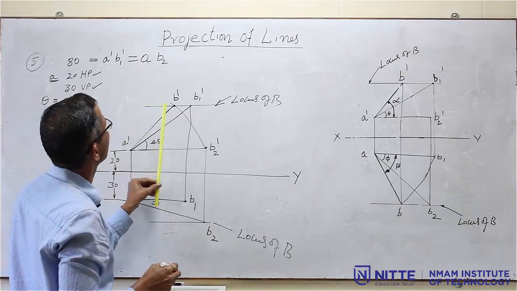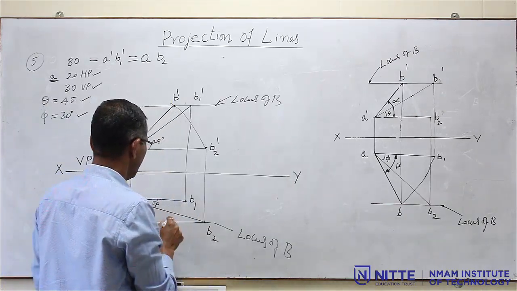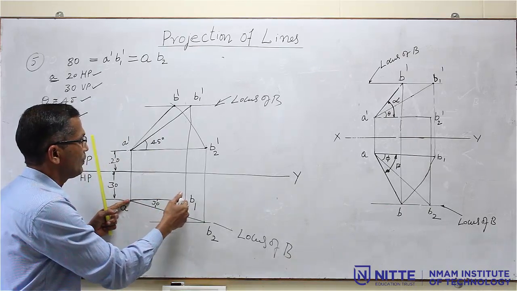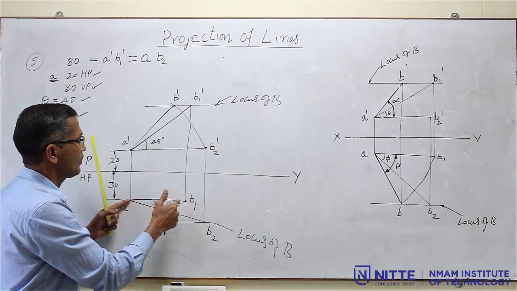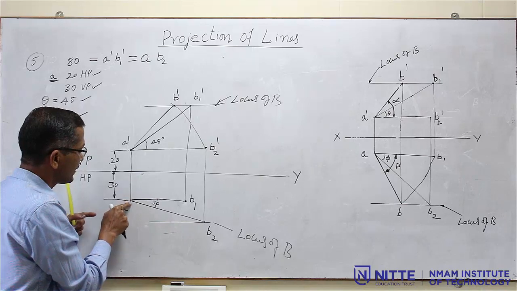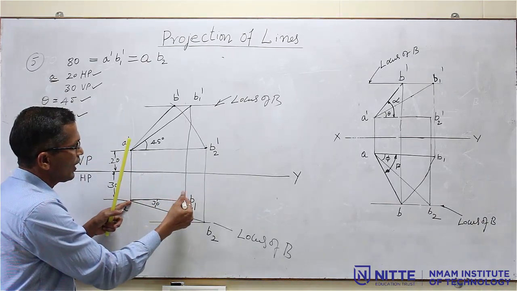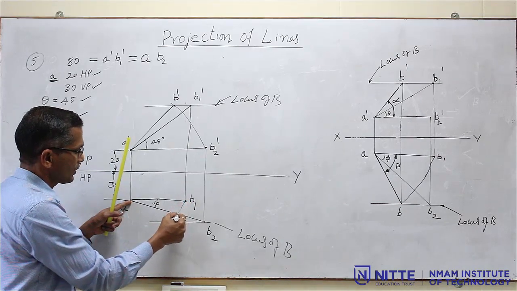Similarly, take the compass with A as center, radius equal to AB1. This is the center, this is the radius. You have to draw an arc so that it will cut the locus.